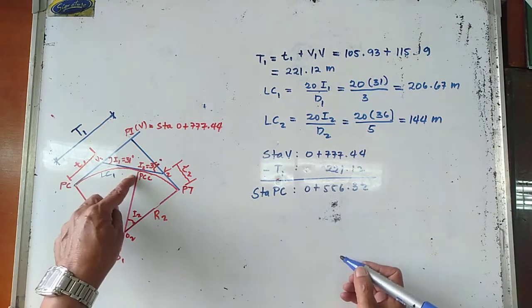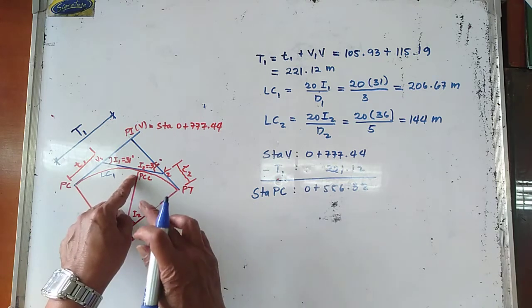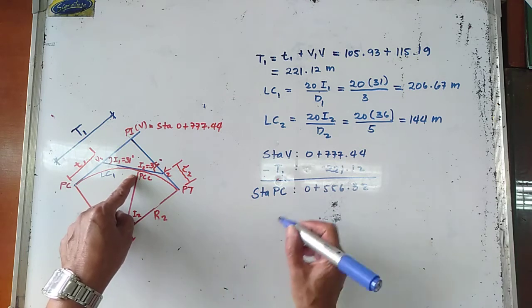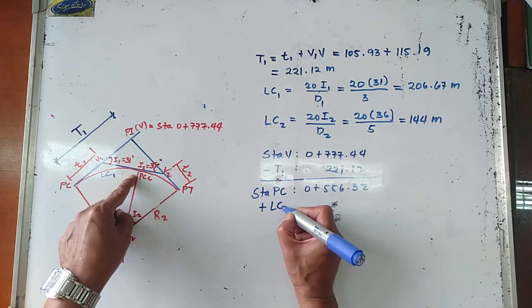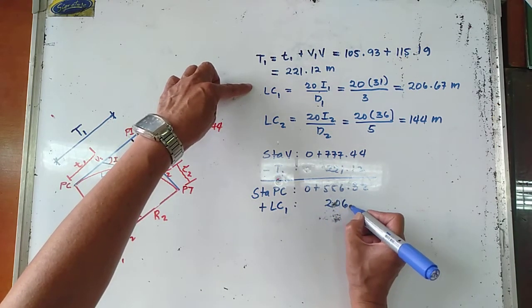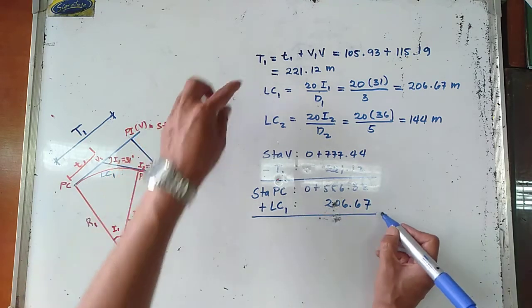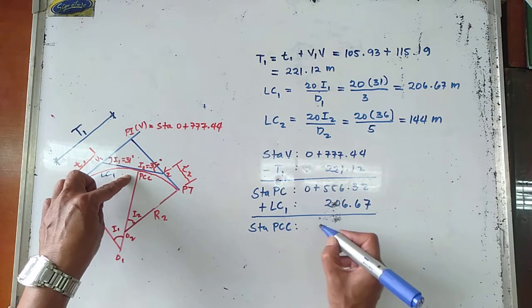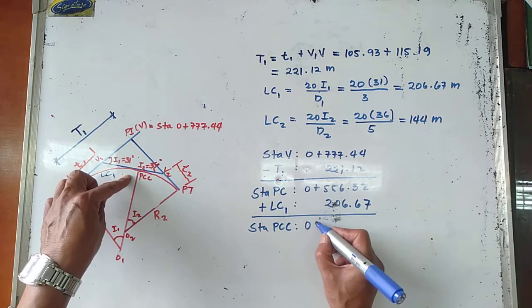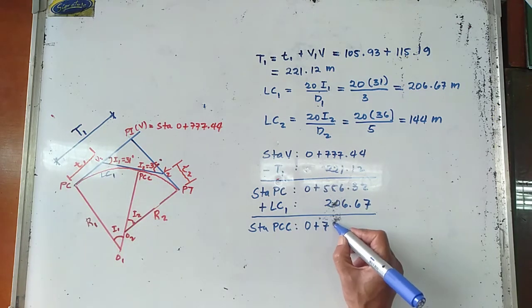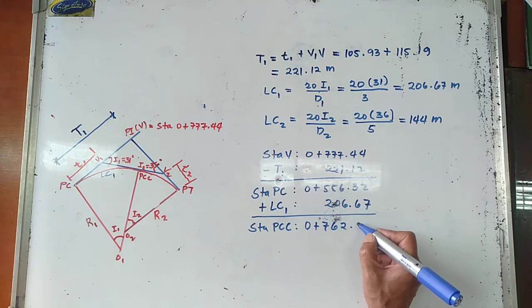Let's try to determine now station PCC. We can determine station PCC by adding LC1 to station PC. If you add LC1, and your LC1 is 206.67, then this is now station PCC, and this is therefore equal to 0 plus 762.99.